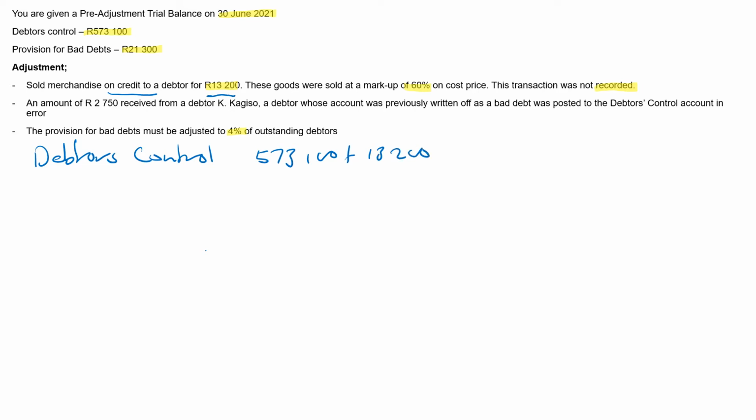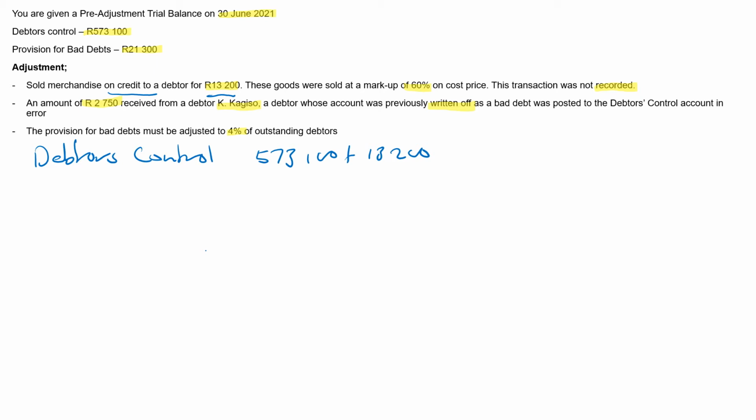That is 13,200. Then the second one goes on to say there was an error in the amount of 2,750. That's an amount of 2,750 received from a debtor, Kahiso, whose account was previously written off. So this account was a bad debt. You wrote it off because the person was not able to pay, or you tried to contact them and couldn't get hold of them, so you decided to write off because there's no need to keep it there.